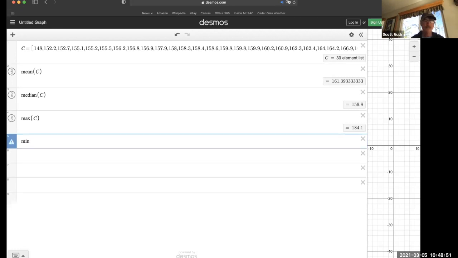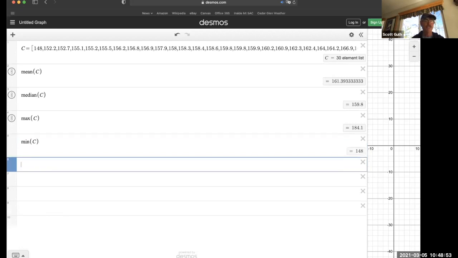The min of C is 148. You can quickly get those just by asking for max or min. I'll list those commands: min A or max A, those are the commands we've got so far.